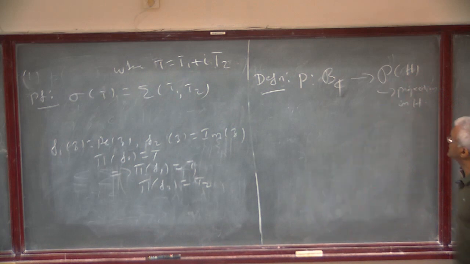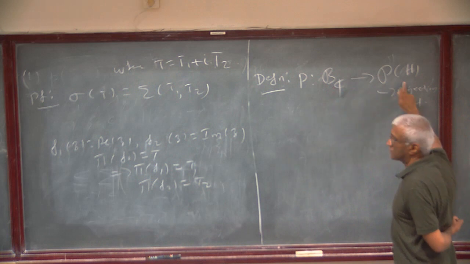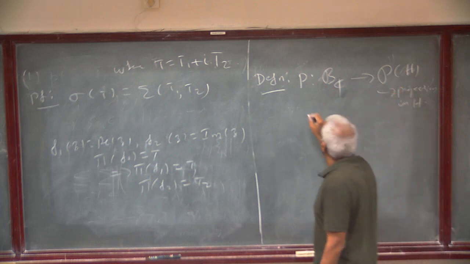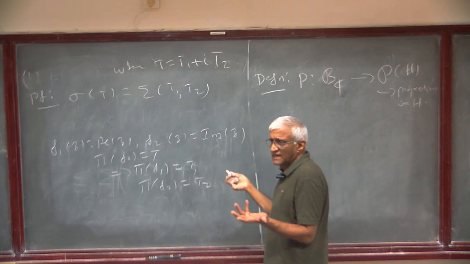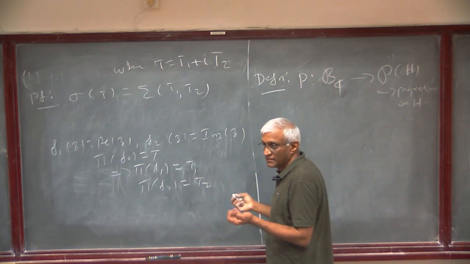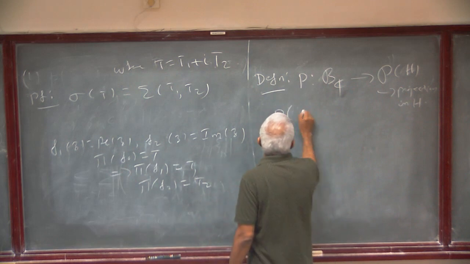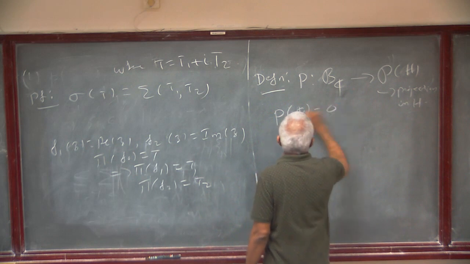You take the collection of projections, which I call P of H. So P is a mapping from the Borel sigma algebra to P of H, such that it is strongly sigma additive, such that P of the empty set has to be the zero projection.